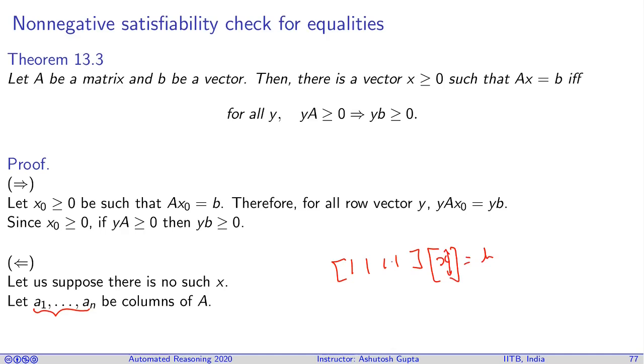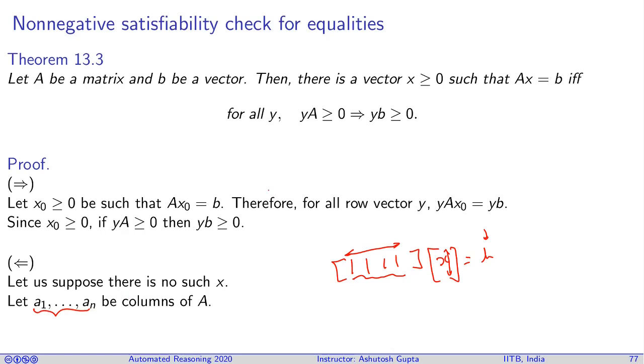So you can see that x is defining the non-negative linear combination of columns to produce b. So you can treat them as n vectors from which you want to express b.